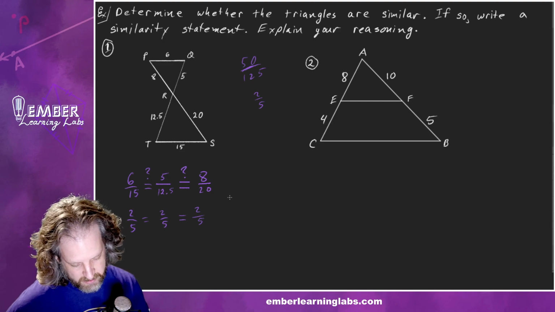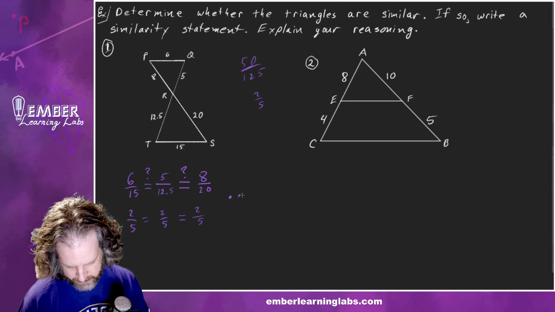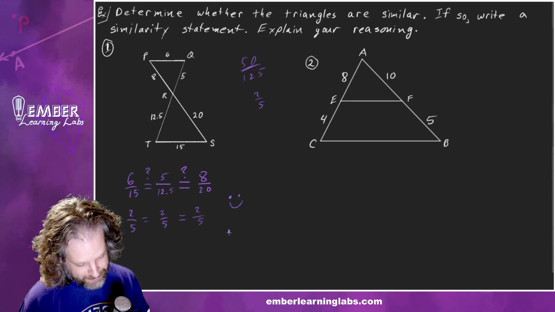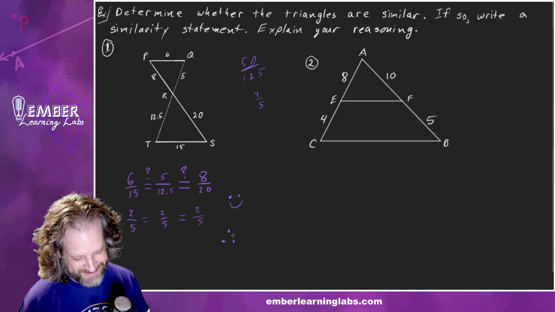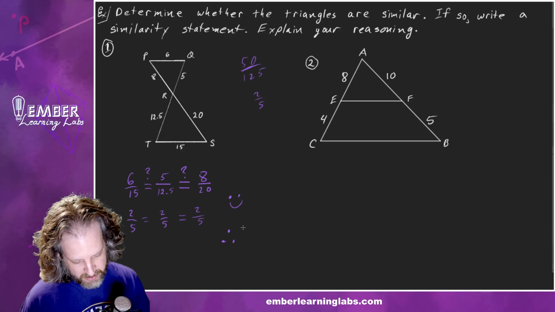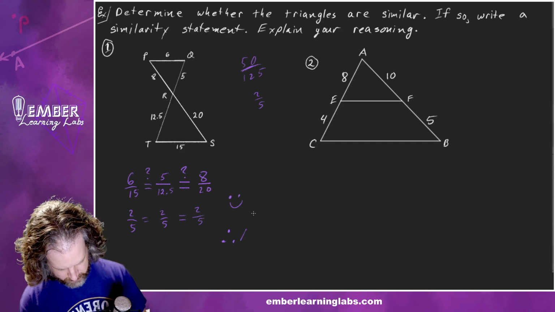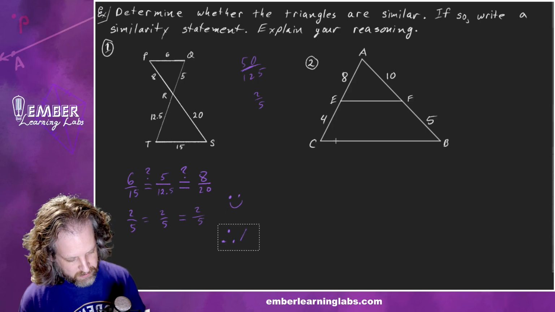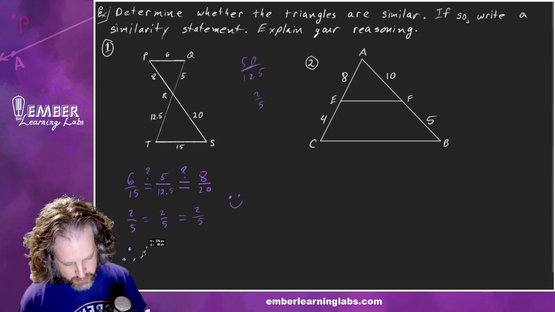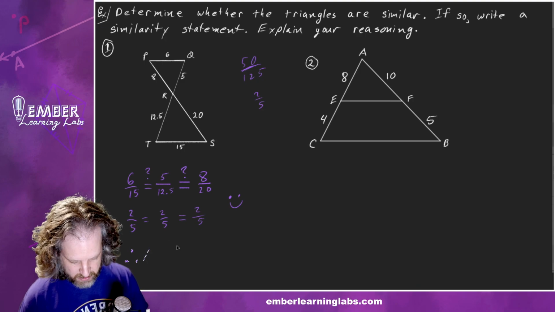So, therefore, as a smiley face, therefore, triangle, I think I'm going to move this over because I'm going to run into not having enough space. Whoosh. Can't do that on your paper.